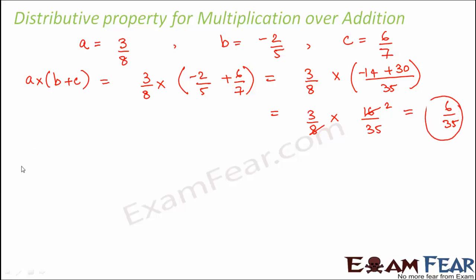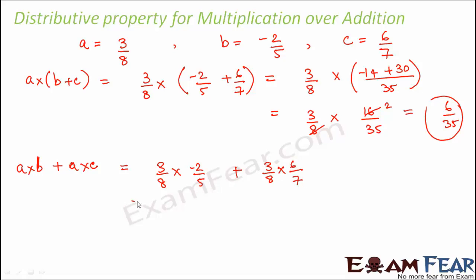Now let us try to calculate the other hand side, that is a into b plus a into c. So let us calculate this value. So this would come out to be 3 by 8 into minus 2 by 5 plus 3 by 8 into 6 by 7.